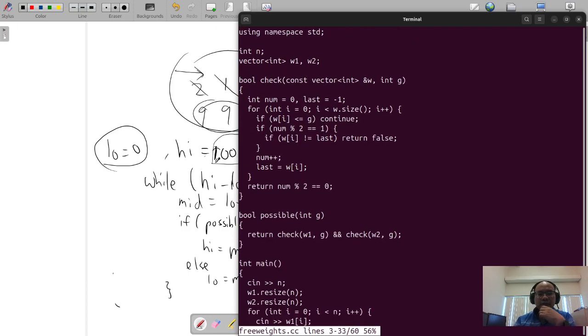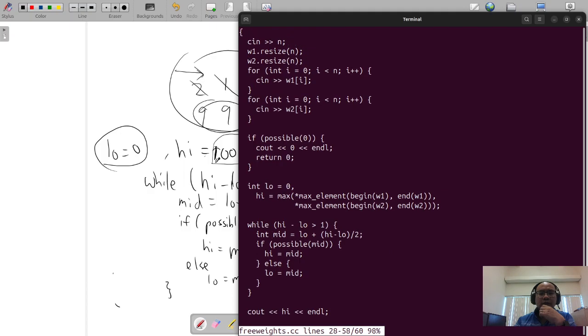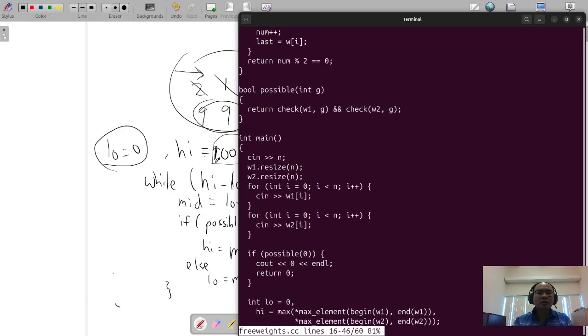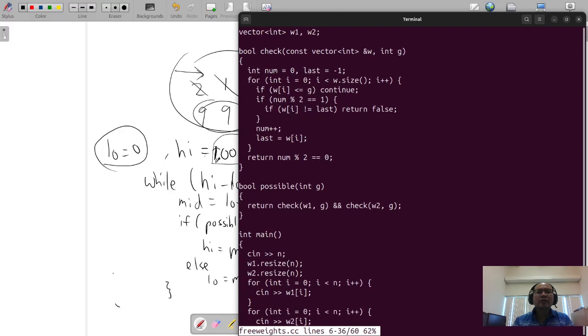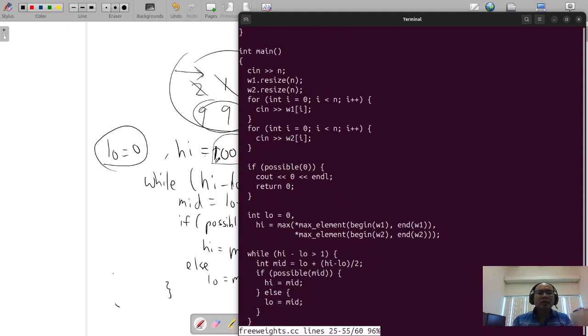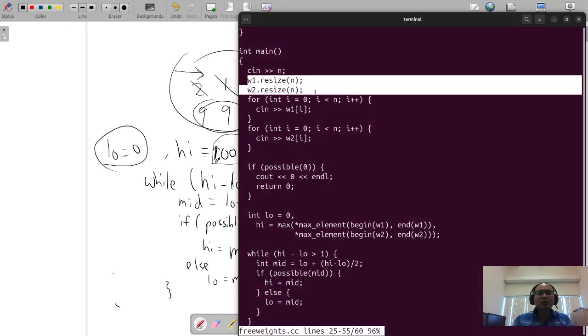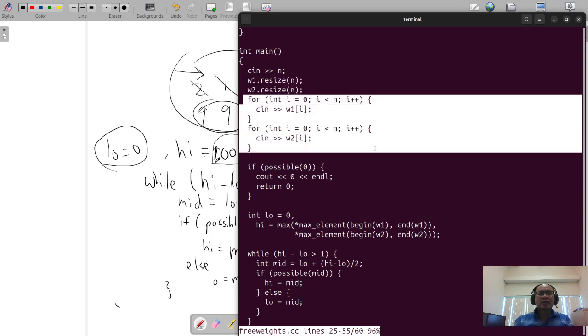Okay, so let's show you what this is. W is, actually I wrote this a while ago, but anyway, so I read in the N, I make sure W and W2, those are the two Rex weights, have the right size. I read it in, and then I check.